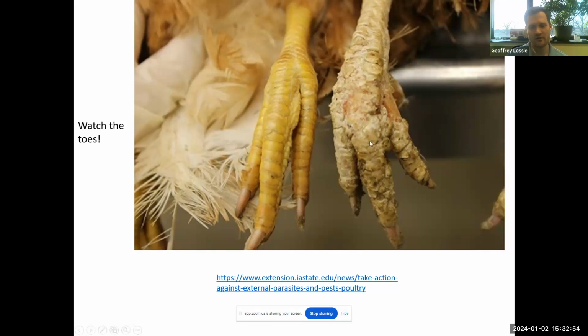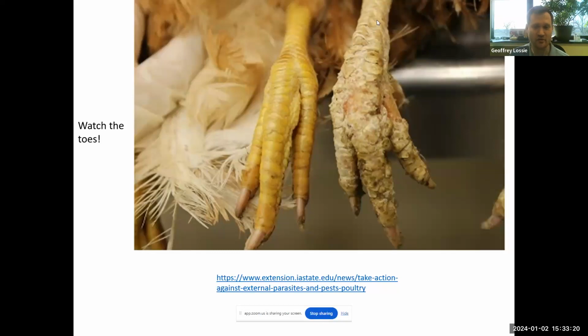And so here on the right, you can see this foot is swollen and it has these flaky, chalky, almost raised growths all along the foot. And if you ever see a chicken foot like that, it is almost 100% diagnostic for what we call scaly leg mite.